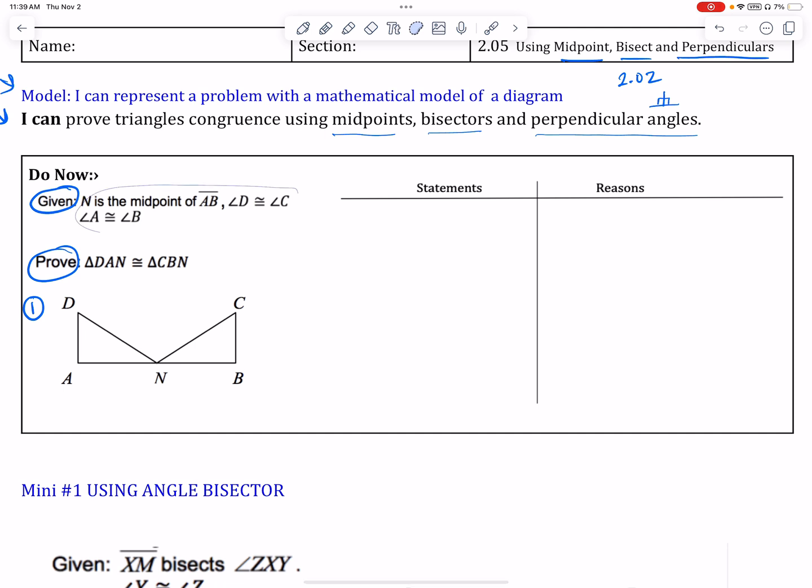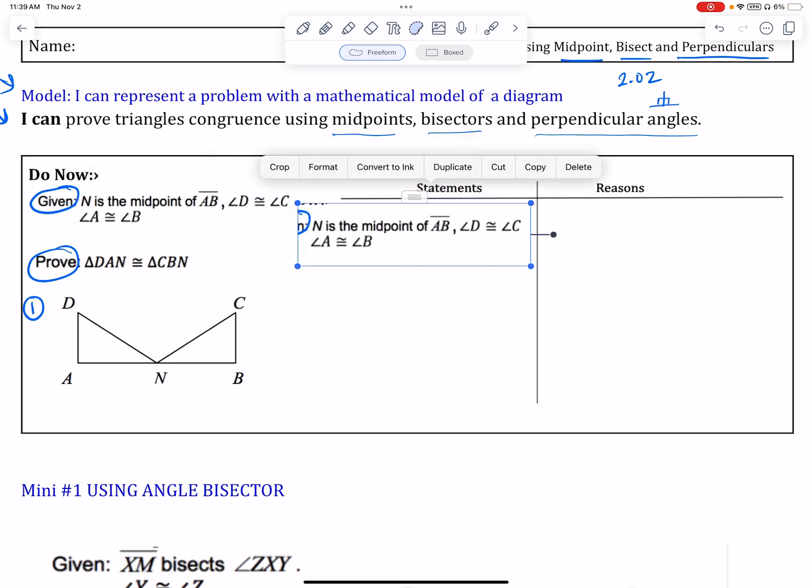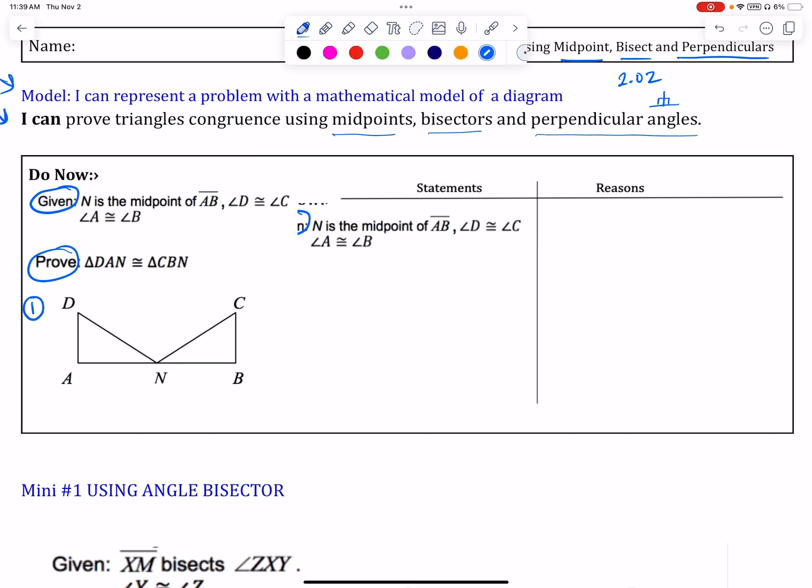You could mention all of the givens in one line, or you can mention each piece of the given as you use them. I prefer the latter method, so I'm going to use each piece as we use them. So before we begin, I'm going to annotate.